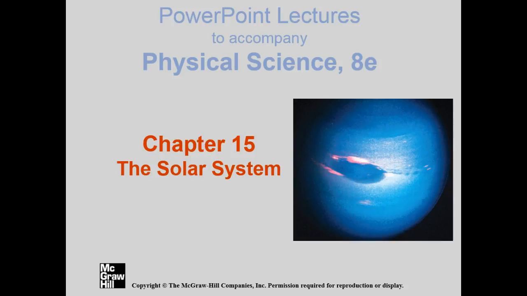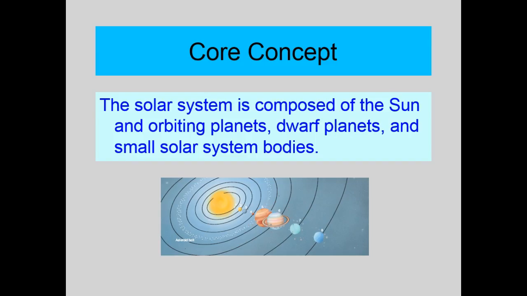Now this happens to be a picture, I can't tell for now, but I think it's Uranus or Neptune. They are both usually blue, and there's some huge storm going on around that planet. I think it's probably Neptune, but I'm not sure. Here's the core concept on that same introductory page.